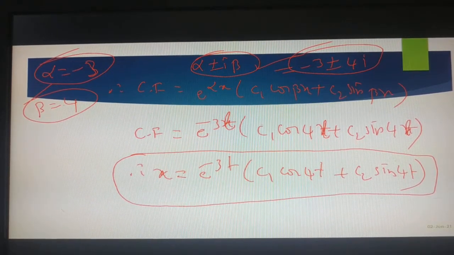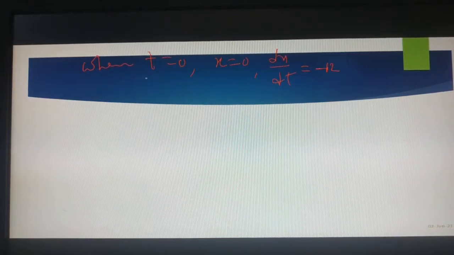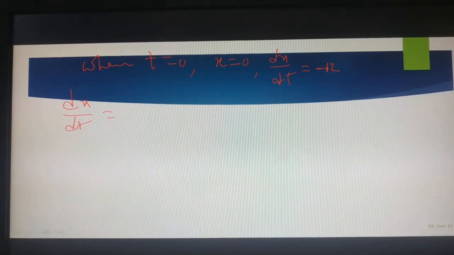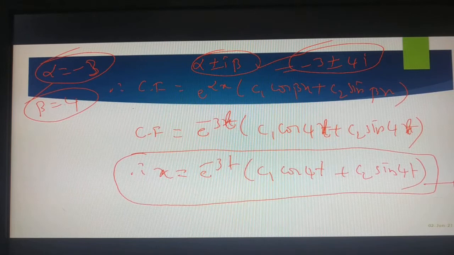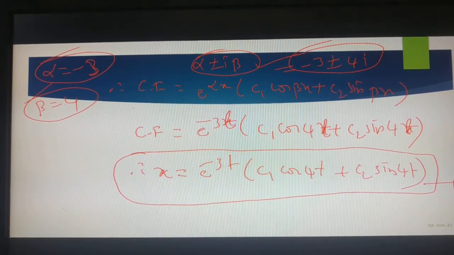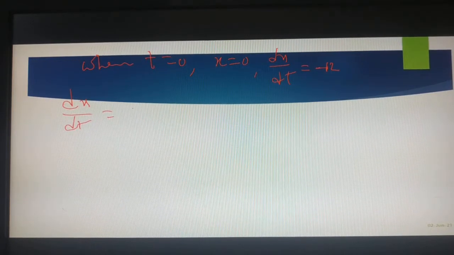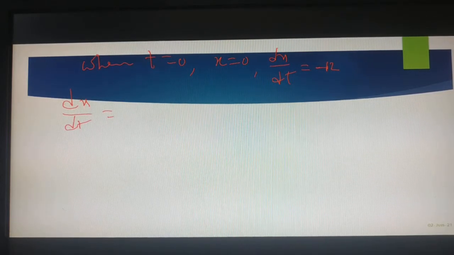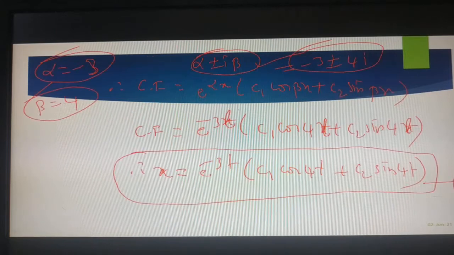So this is one equation. From this equation, if I differentiate equation 1, I am going to get dx by dt. So e power minus 3t will be constant the first time. I want to differentiate the inside one.